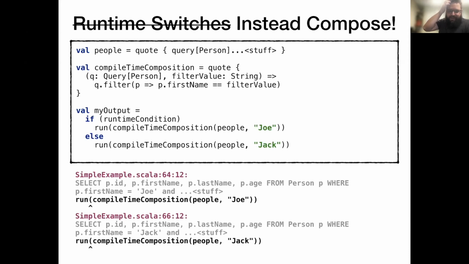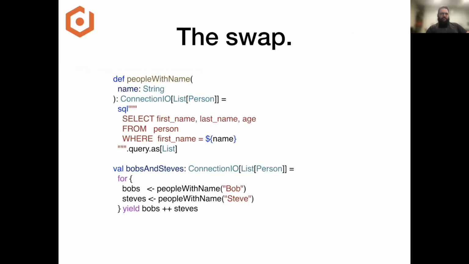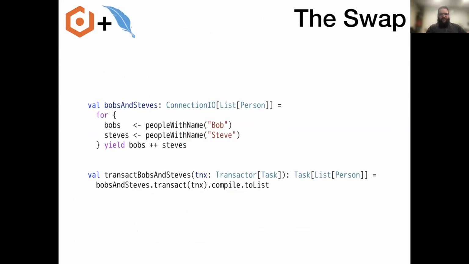So, okay, if you delay your runtime logic essentially to after this run function, that's one pattern you can use for still having dynamic queries. In the past, you might have used Doobie, and you might have used Quill with Doobie, and you might have integrated that into Zio. Typically, it starts with something like this, right?